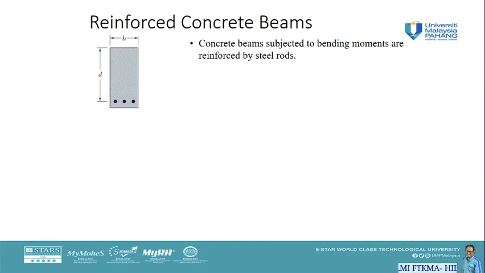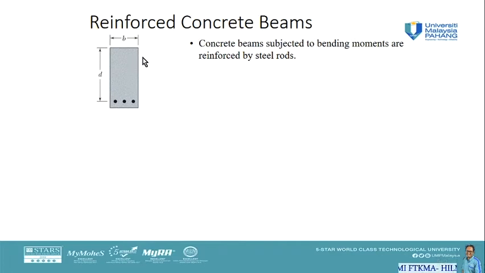Reinforced concrete beams are one important example where two different materials are used. It has steel rods and also concrete. These beams, when subjected to positive bending moments, will be reinforced by the steel rod placed at a short distance above their lower face. We just put it down here, and there is a reason why, and it depends on the application of the beam.